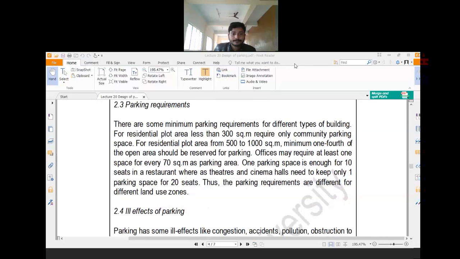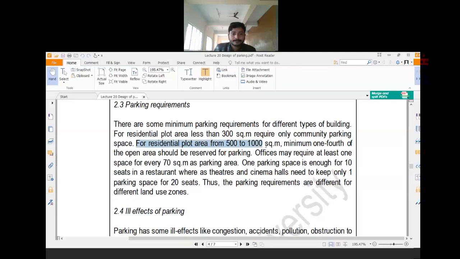Now, another thing is whenever you are designing one building, it may be a residential building, a hospital building, or a restaurant, you have to provide adequate space for parking. So there are different space requirements for parking.